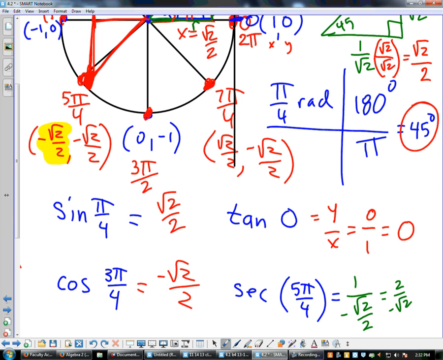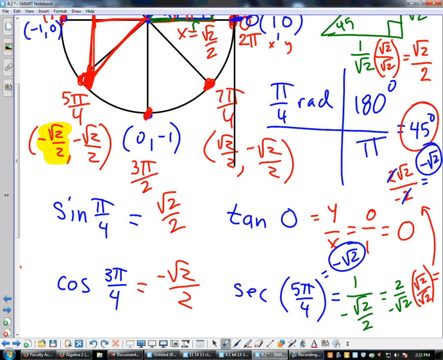True? And then I want to simplify that, so I'm going to multiply by square root of 2 over square root of 2. So I'm getting what? It's going to be 2 radical 2 over negative 2. Does that look right? The 2's are dividing out, and I'm getting negative square root of 2 as my answer. So the secant of 5 pi over 4 is negative square root of 2. Not square root of 2 over 2, just negative square root of 2. Agreed? All right.